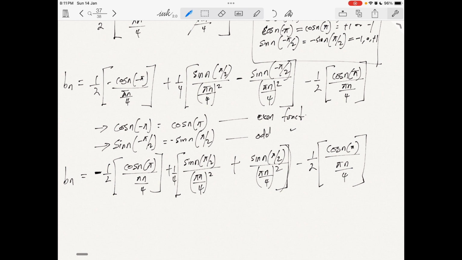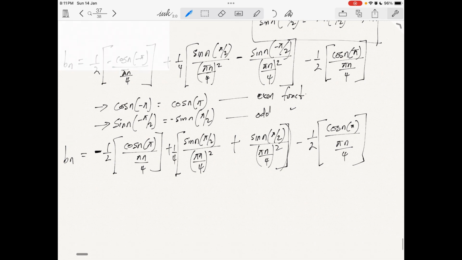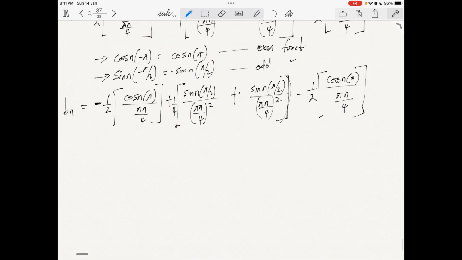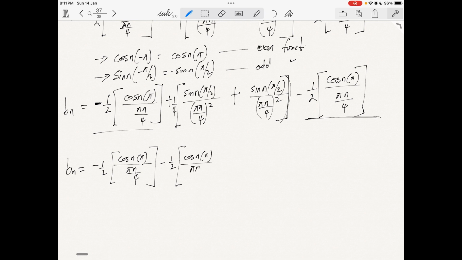With respect to this now, we can bring the sine functions together and also bring the cosine functions together. So we can say that this term is similar to this term. So Bn is minus 1 over 2 cos n pi divided by pi n over 4, and take this also, minus 1 over 2 cos n pi divided by pi n over 4, like collecting like terms.